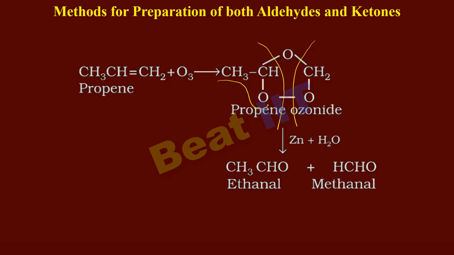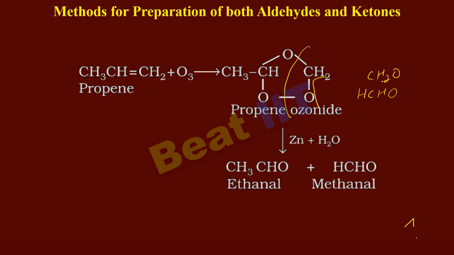This part will give you one aldehyde or ketone, and this part will give you another aldehyde or ketone. So if you see here, on the left hand side, you have CH3CHO. So CH3CHO is produced. On the right hand side, you have CH2O. CH2O is actually HCHO.